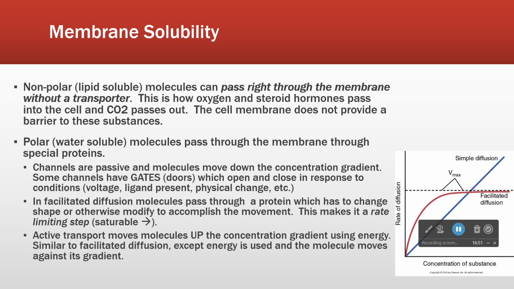The red line shows us a facilitated diffusion situation, where continuing to increase the concentration doesn't increase the rate of diffusion past a certain point. You see that? So that's an example of saturability, like I said about the glucose in the blood. When our blood glucose hits 300, we start to see glucose appearing in the urine. Why? Because the speed at which it can be moved is no longer sufficient to get it all out.